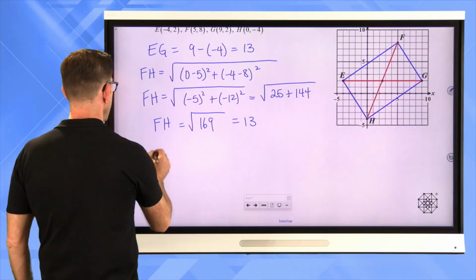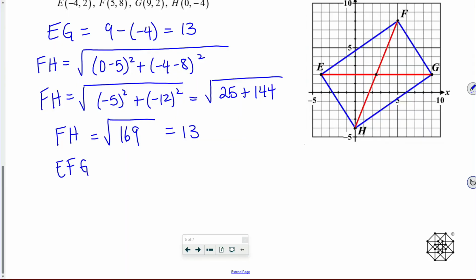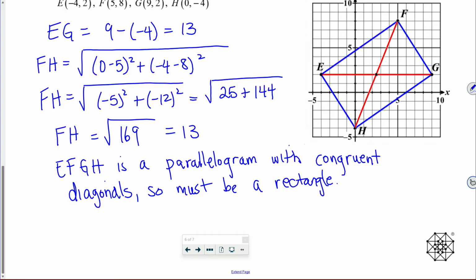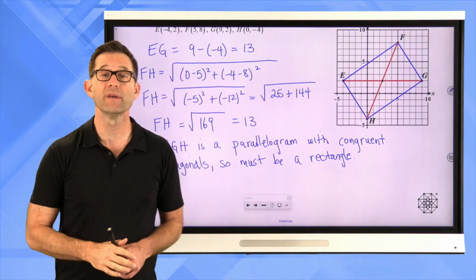So EFGH is a parallelogram with congruent diagonals, so must be a rectangle. And that's another way in the coordinate plane of proving that a figure is a rectangle.